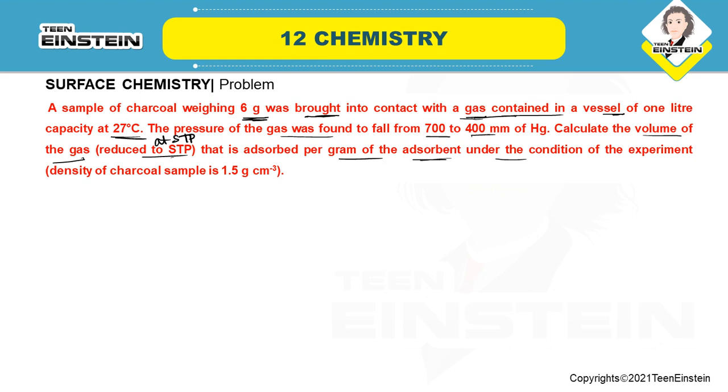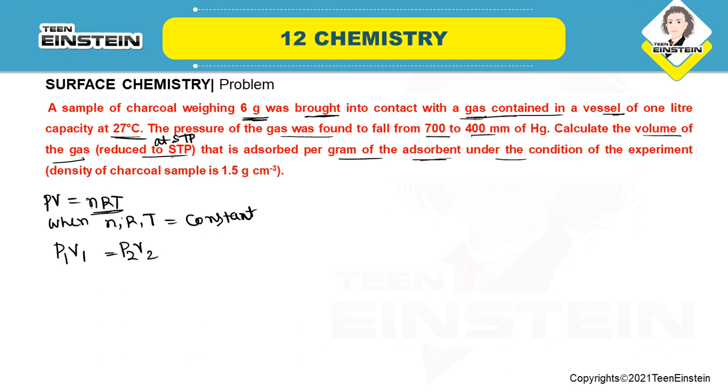So this problem is basically a combination of surface chemistry and also gaseous laws, because we will use the equation PV equal to nRT, where P is pressure, V is volume, n is number of moles, R is universal gas constant, T is temperature in Kelvin. Now when n, R, T are constant, under this condition P1V1 will be equal to P2V2.